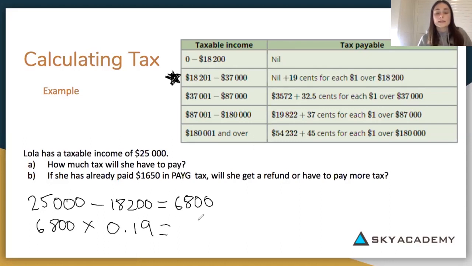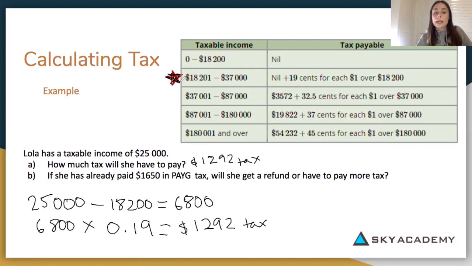And that's going to give us an answer of $1,292 tax. So she'll have to pay $1,292 tax.